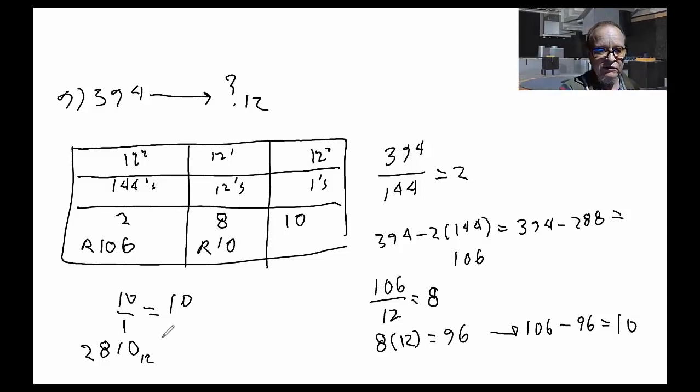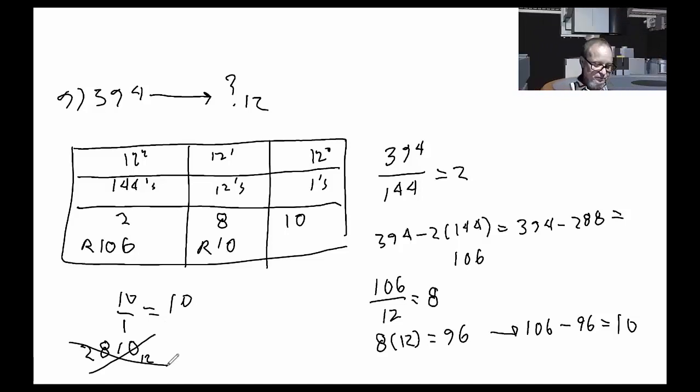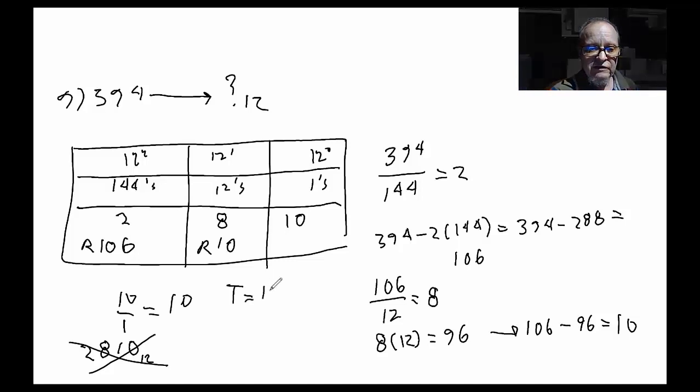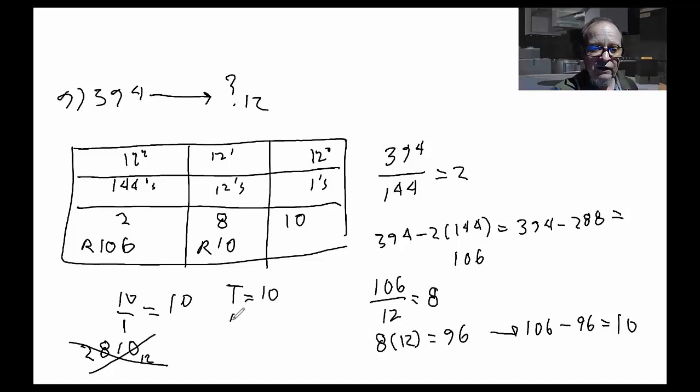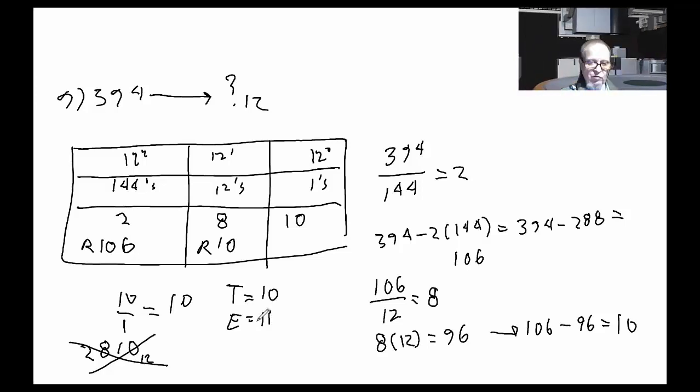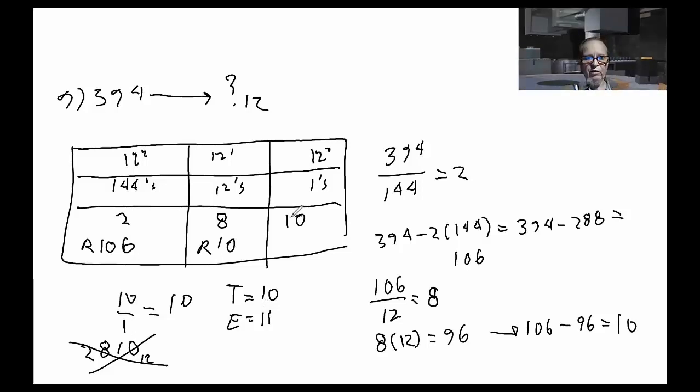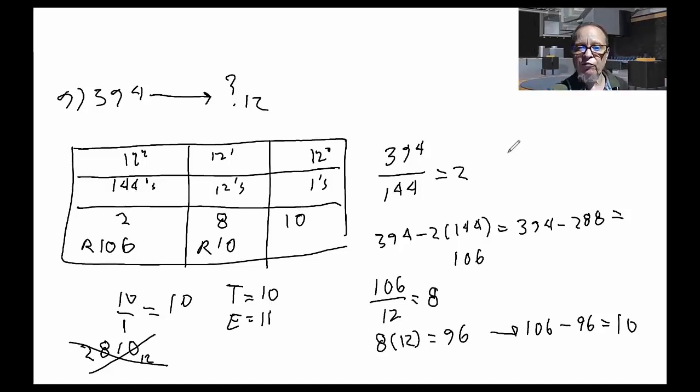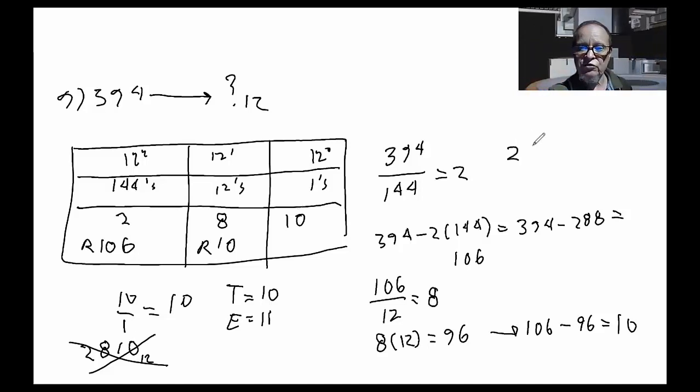So this is garbage. So what we do is we call 10 T and we call 11 E to deal with that issue, where T stands for 10 and E stands for 11. So now we substitute in where we see 10, and now we write it as 2, 8, T.